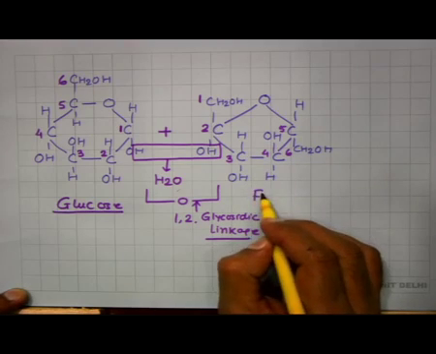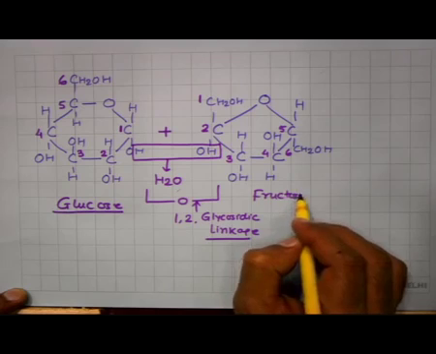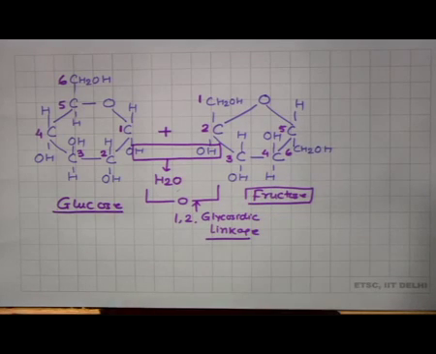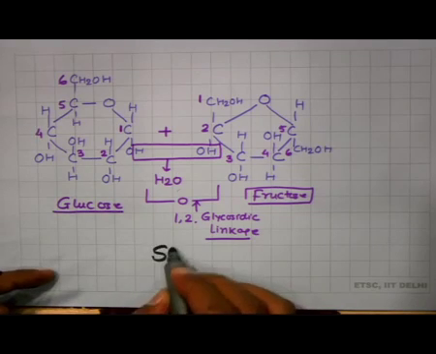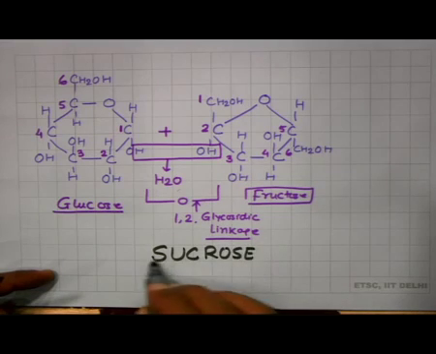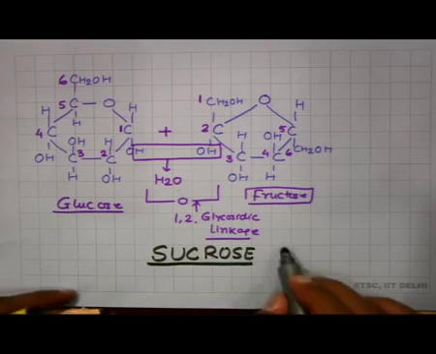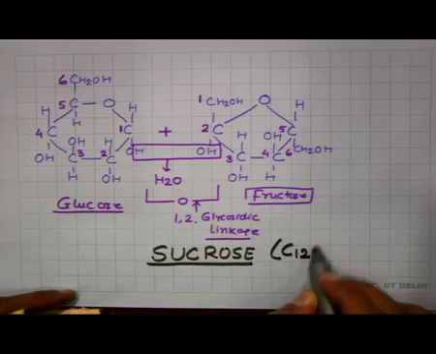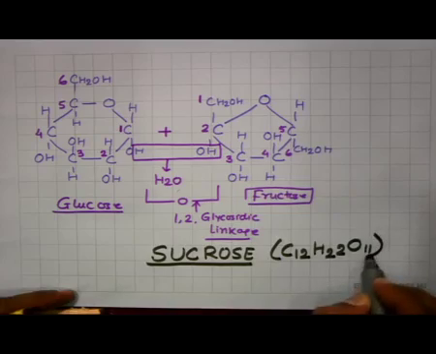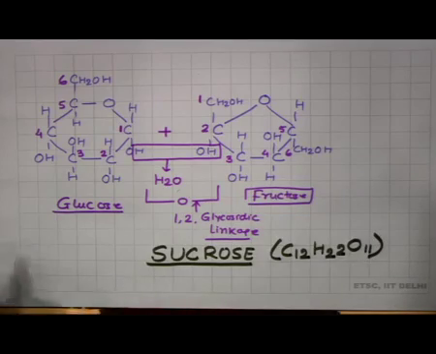This is the structure of fructose. Now, when glucose and fructose combine, it forms sucrose. So, this is the structure of sucrose. After the release of the water molecule, the formula will be C12H22O11.